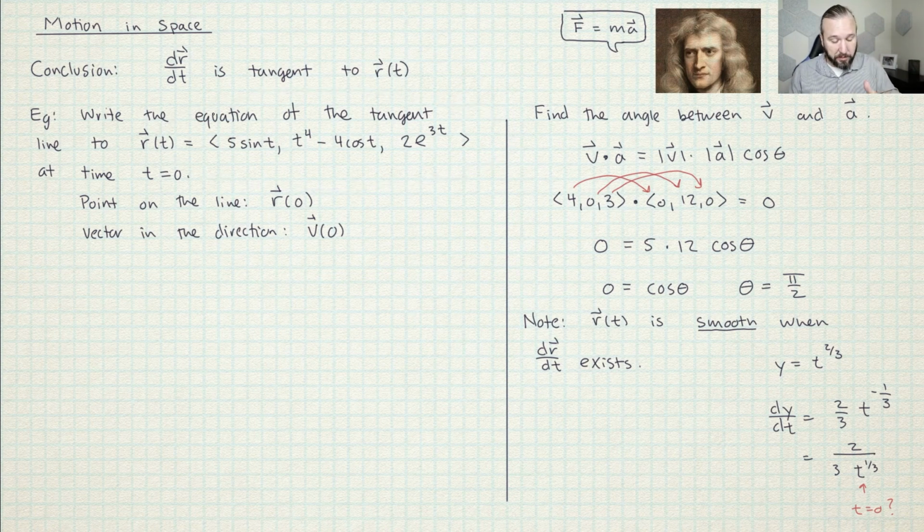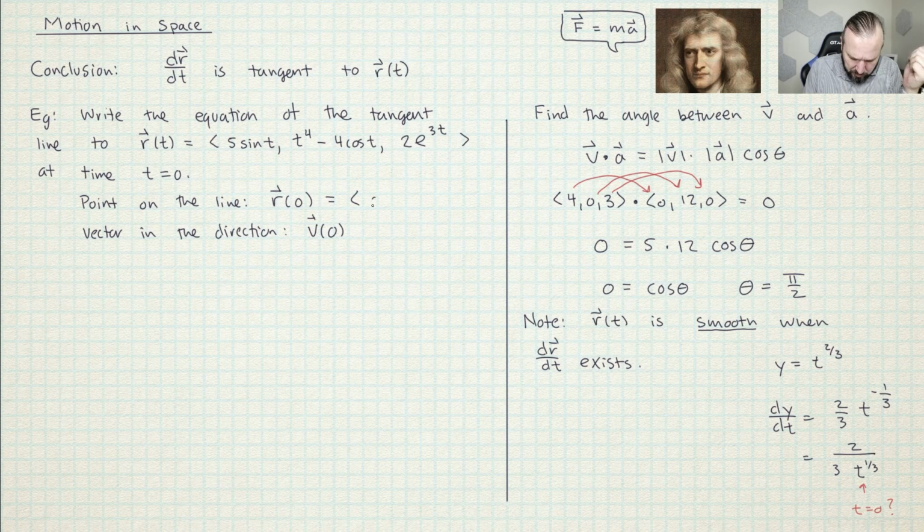To get a point on the line, you can just plug the time into the position function, and that'll give you the point on the line. And then remember that the velocity is always pointing in the direction of motion. So when we find the velocity, we can plug time into that velocity, and that will give us the direction of motion.